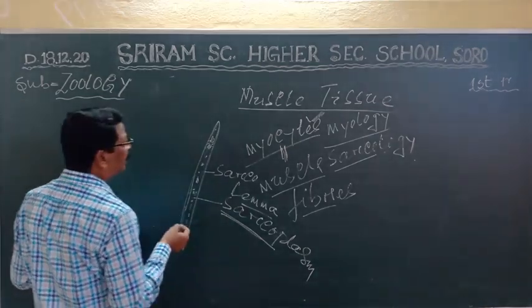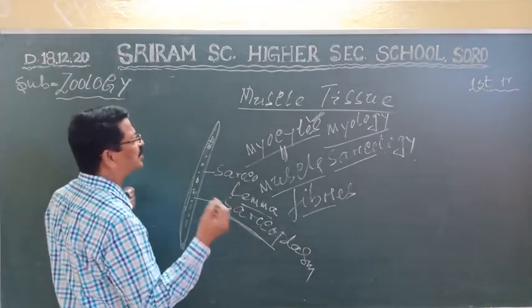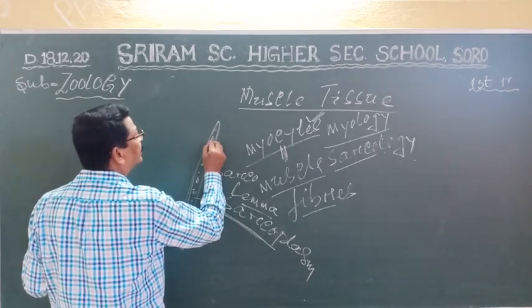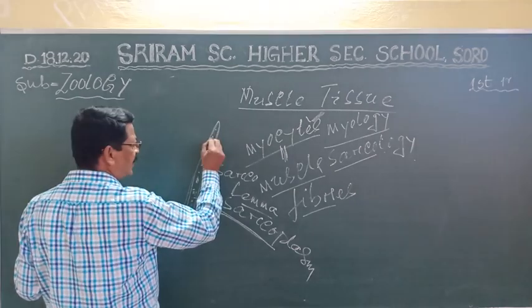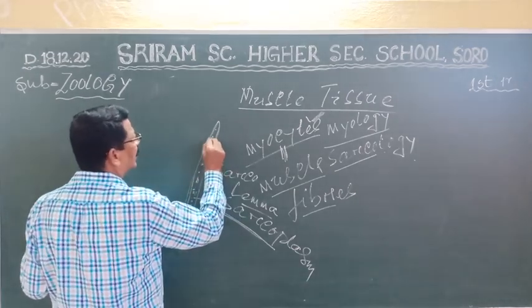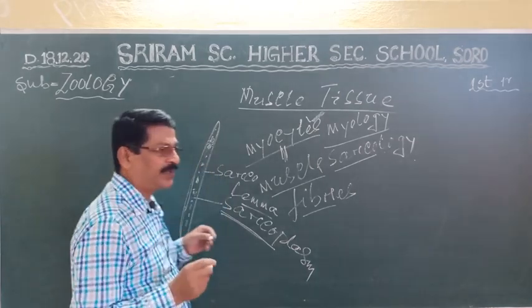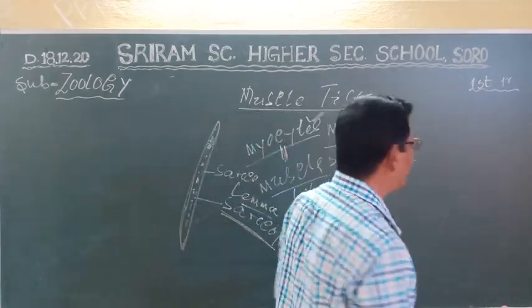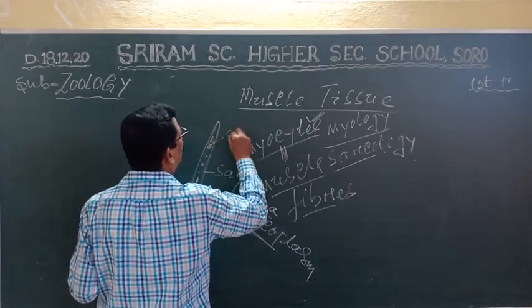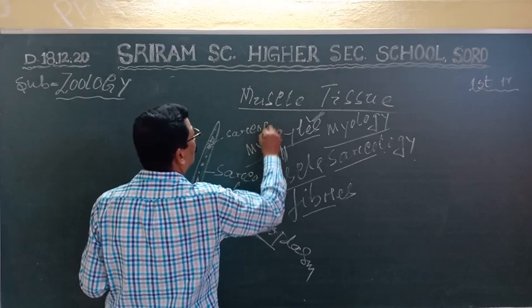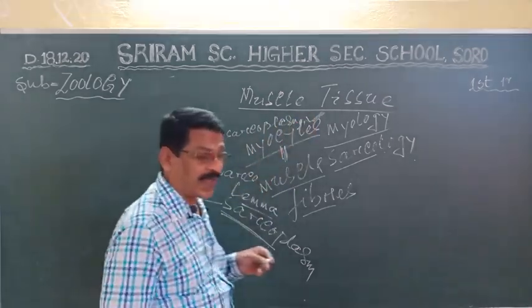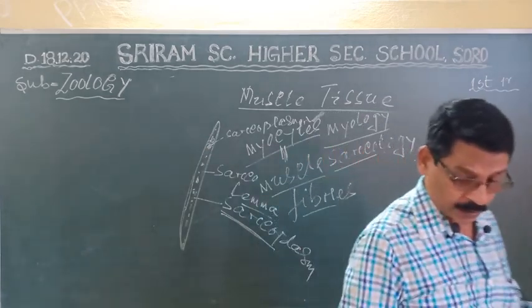They are of two types, smooth and rough. The endoplasmic reticulum in the muscle is called the sarcoplasmic reticulum. Clear?